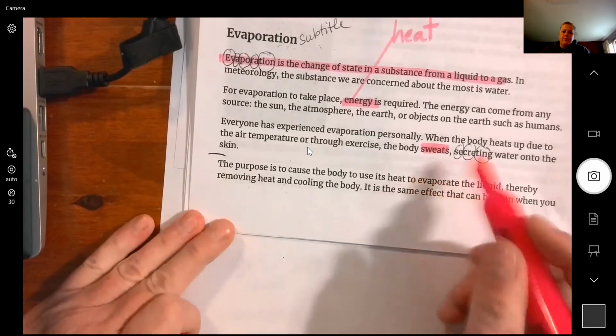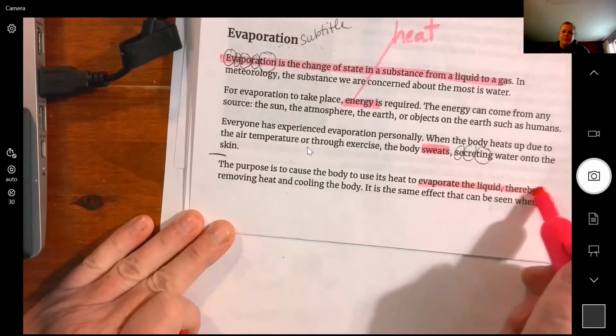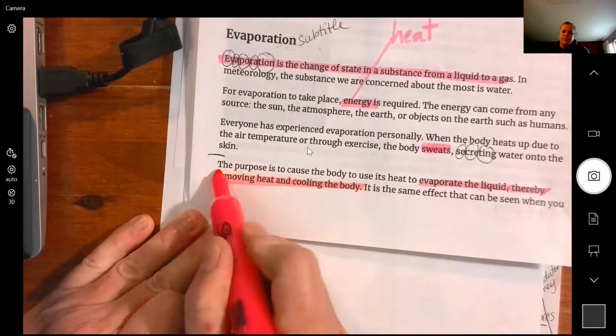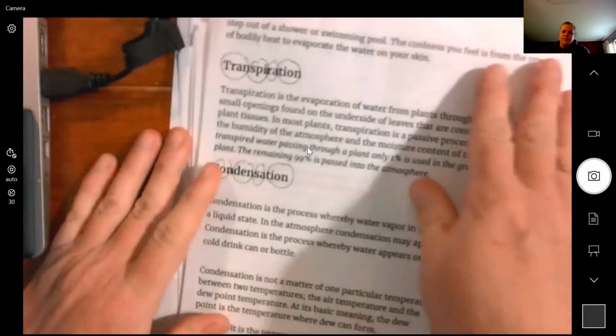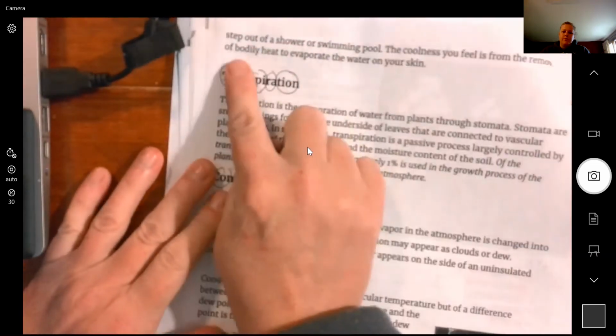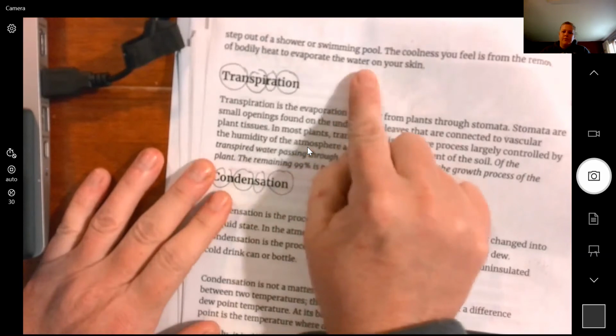It evaporates the liquid, and then it cools us. So when you get sweat on your skin, when the water evaporates, it cools you down. The coolness you feel is from the removal of bodily heat to evaporate the water on your skin.